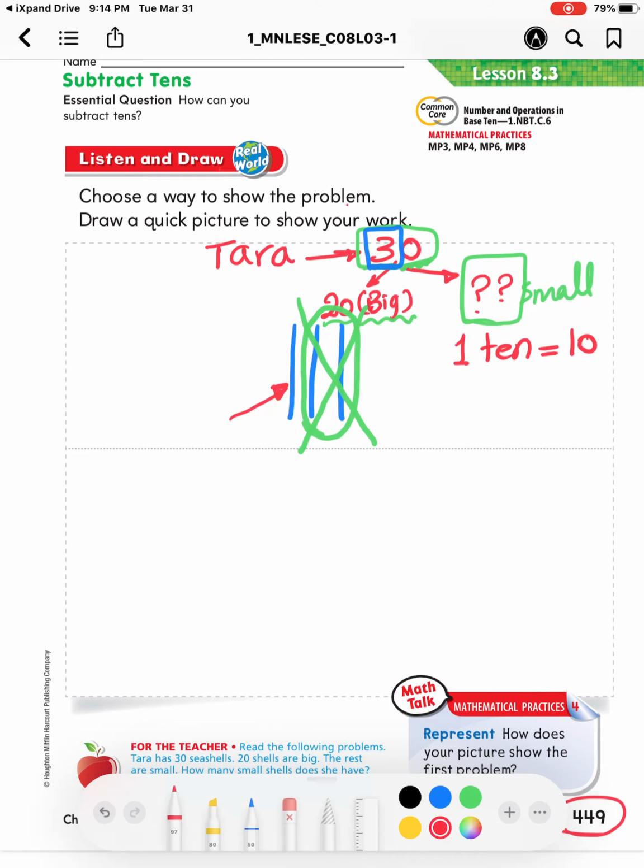The next problem says Sammy has 50 shells. So Sammy has how many shells? 50 shells, right? He gives 30 shells to his friend.